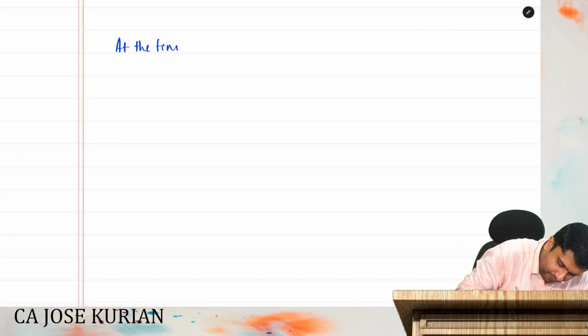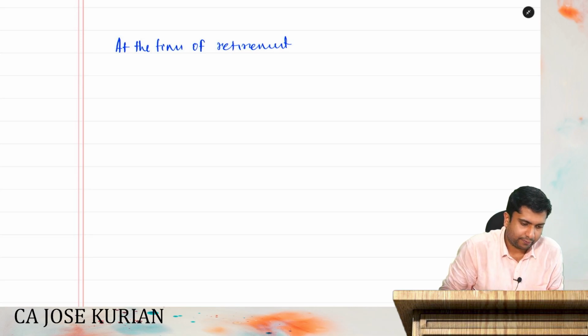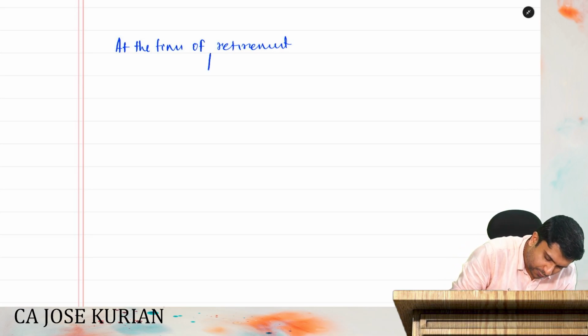At the time of retirement, we can split exemptions into two.